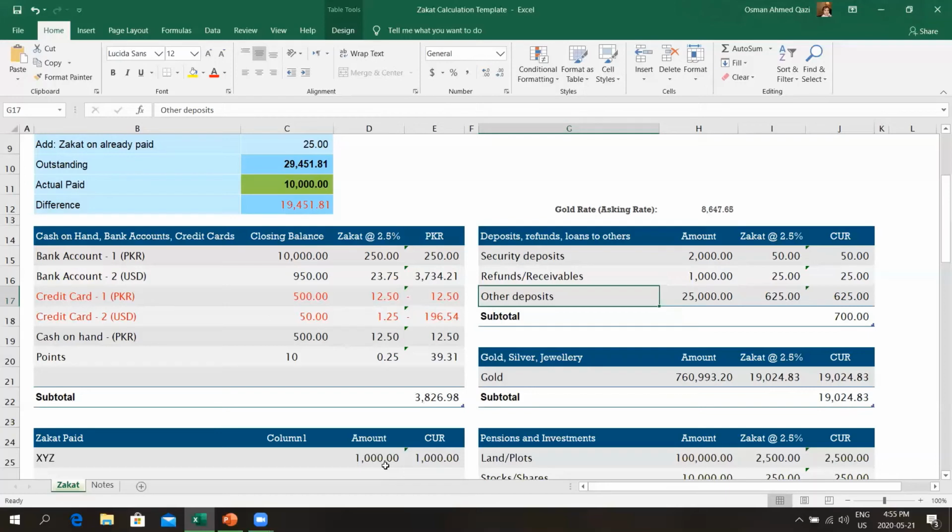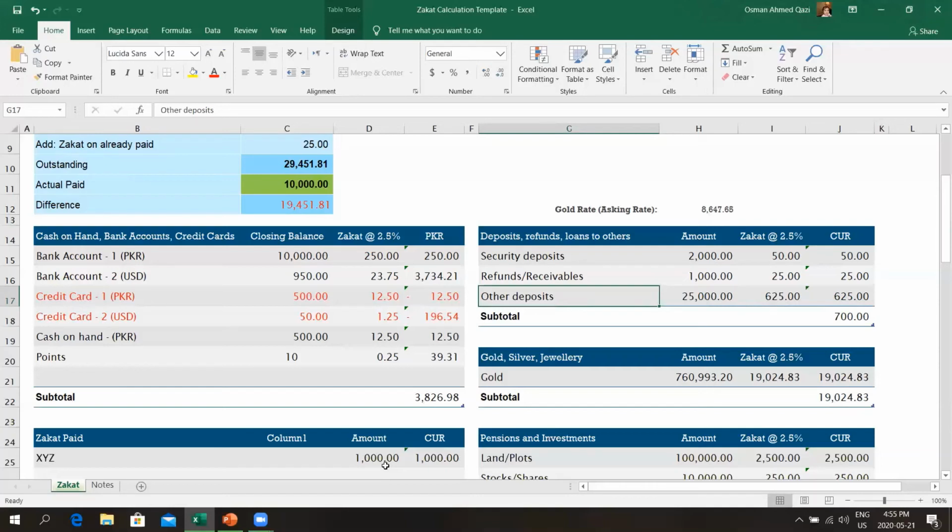So you can put them in if it's refundable. But if a deposit has already been taken into a deal, for instance, you made a deposit of 50,000 and then entered into an agreement to purchase a property, then you don't need to include it in zakat here, because that is now considered part of the purchase price of the property.